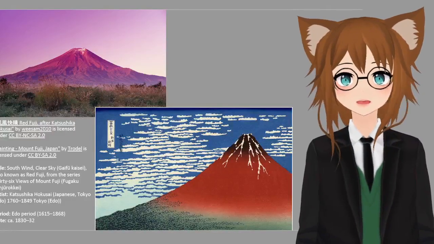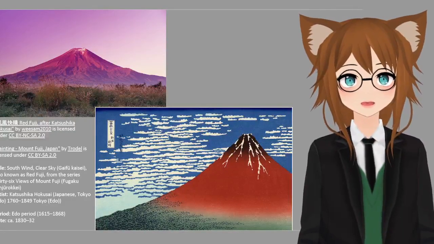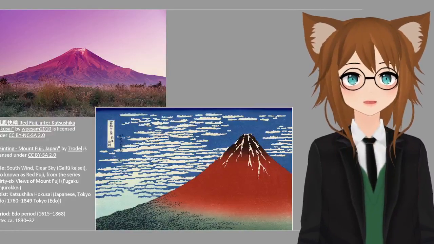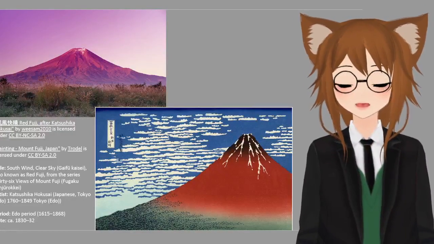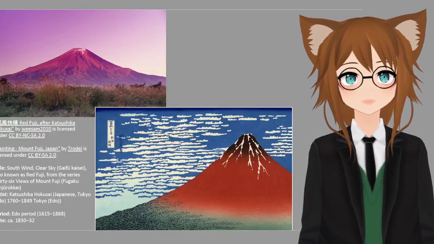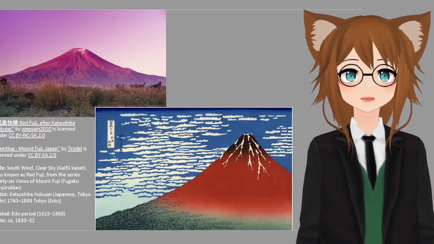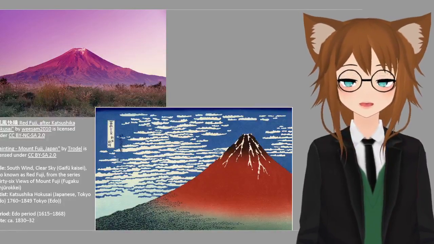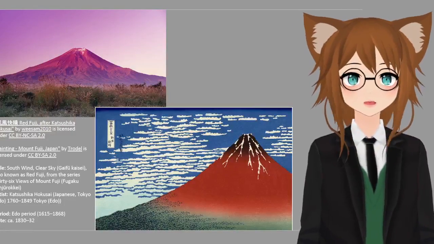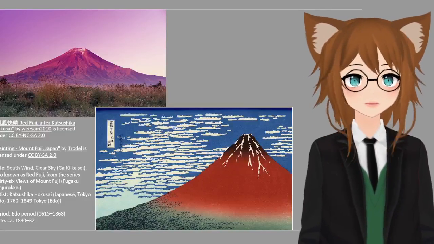But the whole point was to get her to the top of the mountain and to show that women could do this. And it wasn't a question of physical ability. It was a question of religiously, should this be allowed? It was a pilgrimage site reserved for men until 1872.